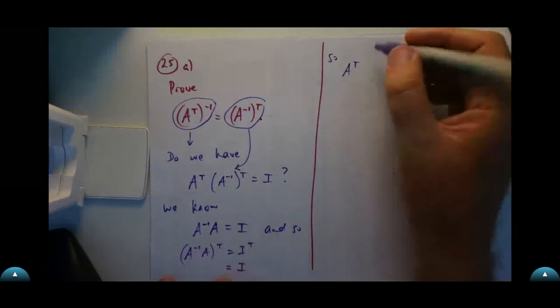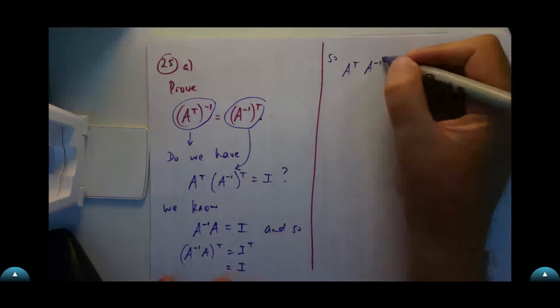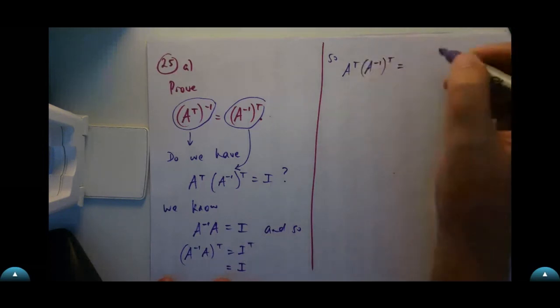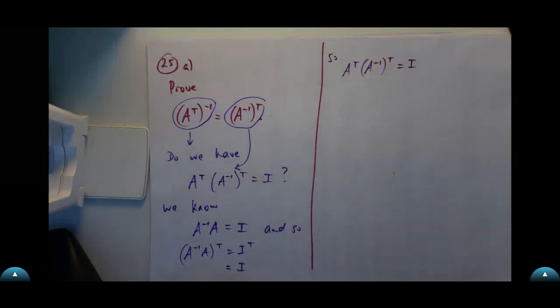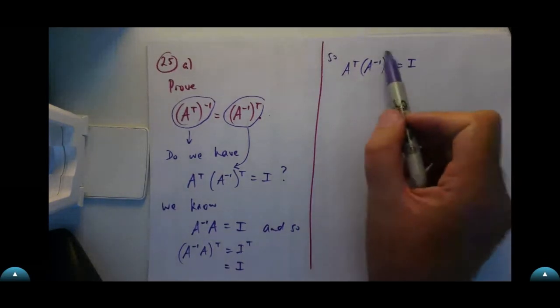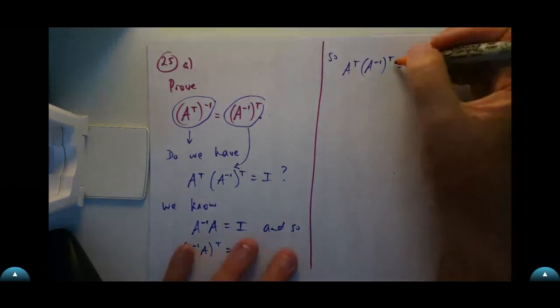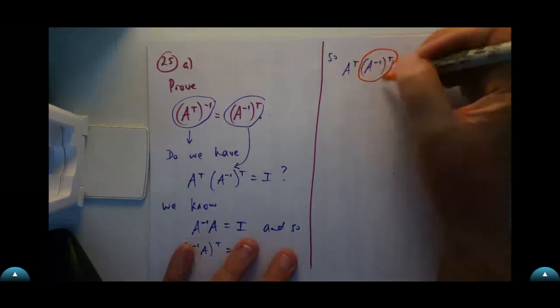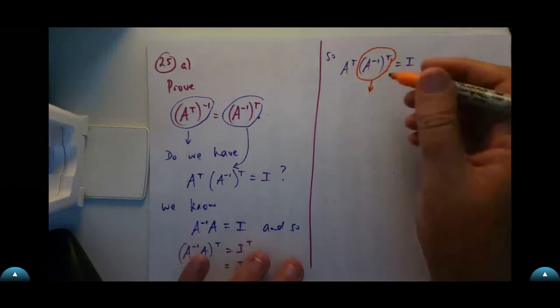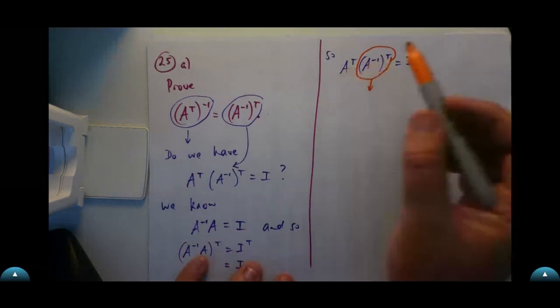You change the order. Yep. So what does this mean? This means this matrix here, the product is the identity, right? That must be the inverse of this.